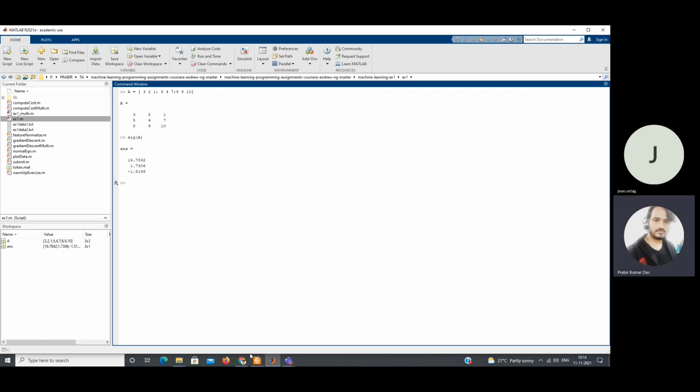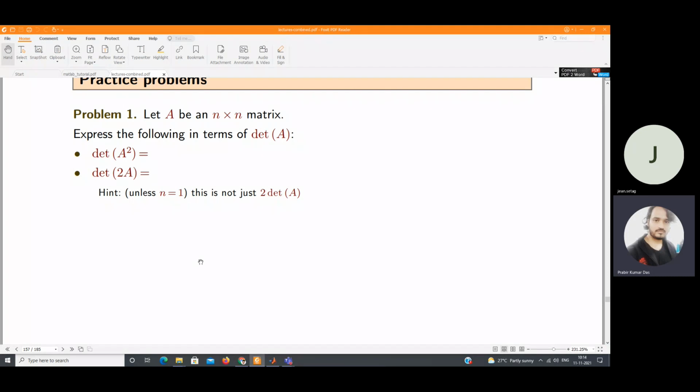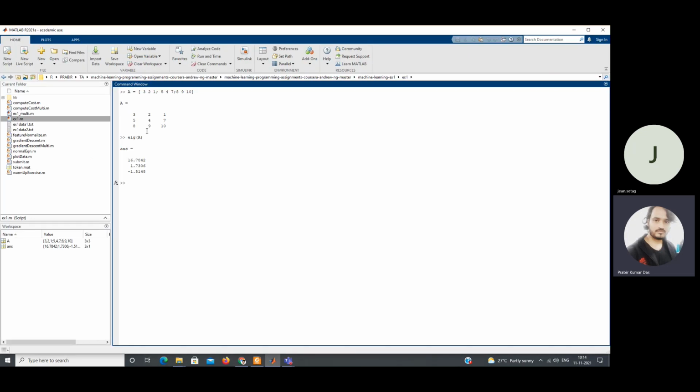That is why I want to know how much you know about eigenvalue and eigenvector. Otherwise I will discuss it anyway, but I want just the basic idea of what an eigenvalue is and how we can calculate it. MATLAB calculates it in this way, but manually, how can you calculate these values?